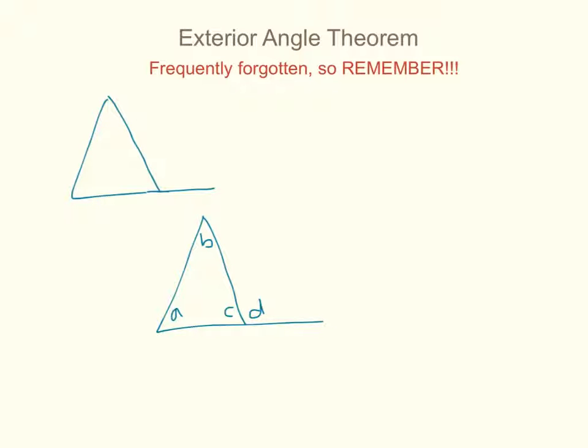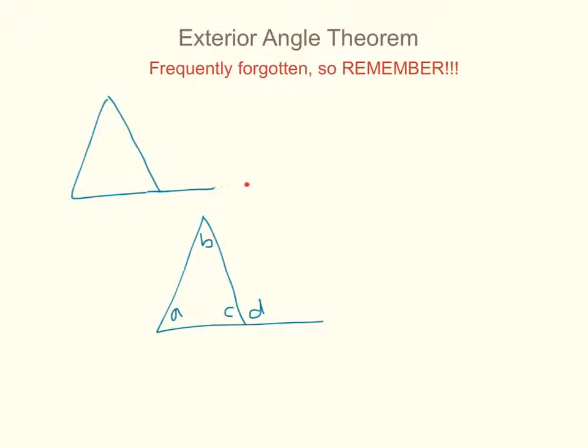All right, this theorem is frequently forgotten, so you guys are going to be the year that always remembers about the exterior angle theorem. Okay, so first we want to talk about interior angles, and we want to talk about exterior angles. So I have here a triangle with one side that's extended. So this here is the triangle, and all three of these are interior, right? They're inside the triangle.